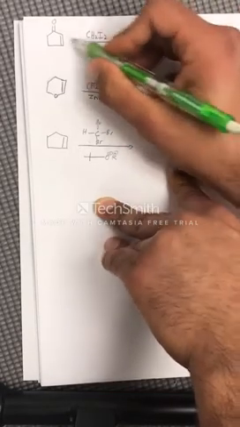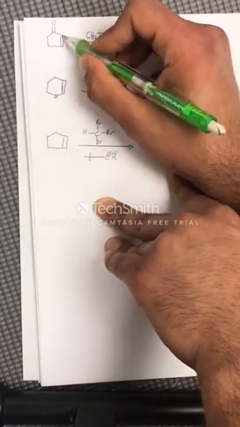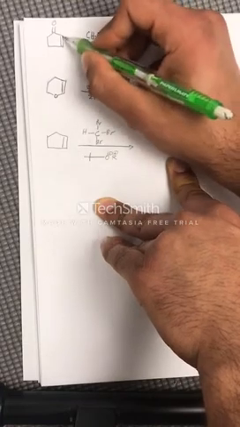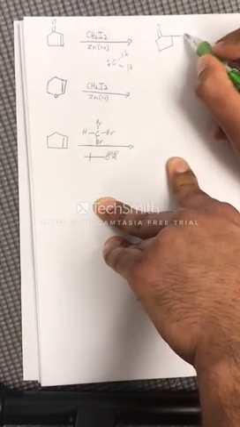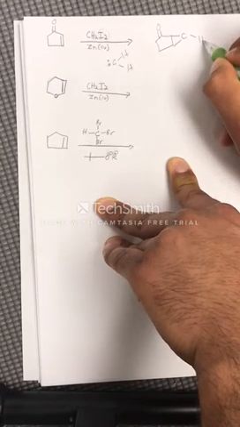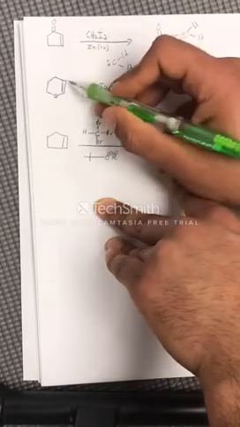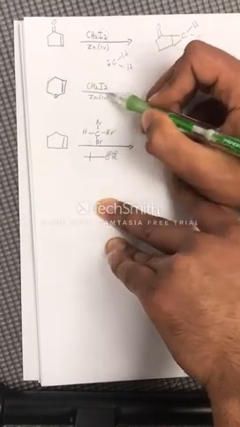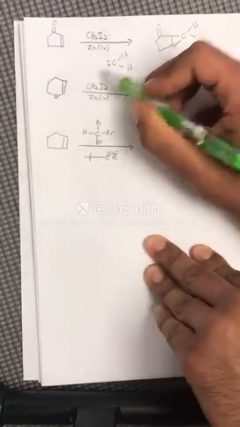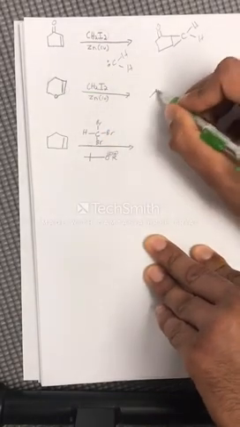You got your carbene, and that carbene is going to be attached to both. This carbon will be attached to both of these carbons. So your product will look like this. So in this case, alkene, like I said, CH2I2 and zinc copper, you're basically going through the carbene, and so it'll be attached.